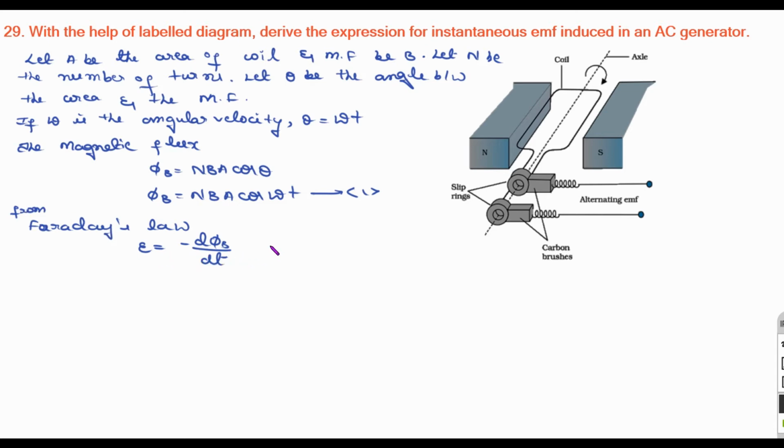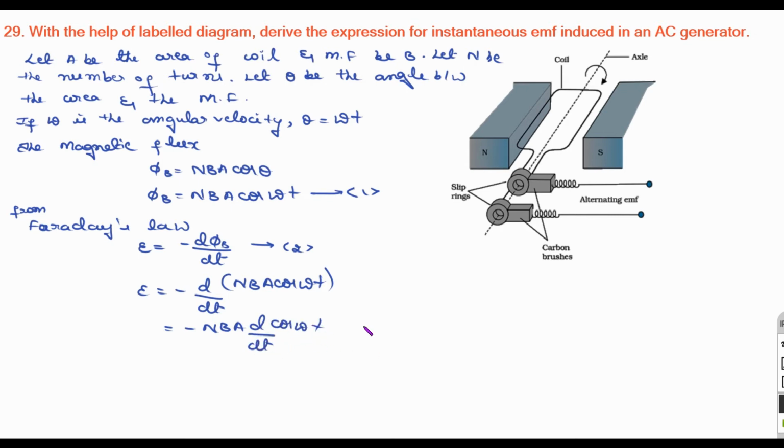Now next steps are very simple. You have to substitute the value of phi B here and differentiate it. Minus d by dt of NBA cos omega t. Here B, N, A are constants, so I will take them out of the differentiation. NBA d by dt of cos omega t.